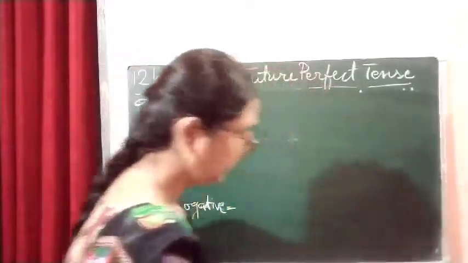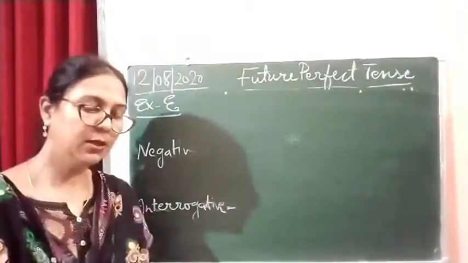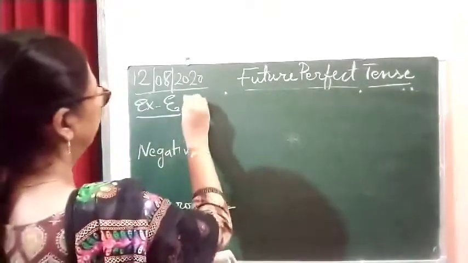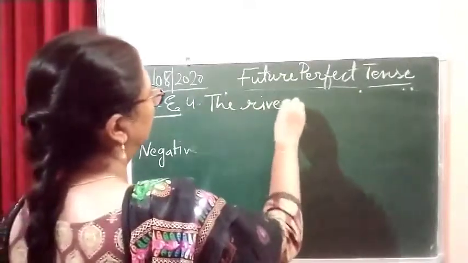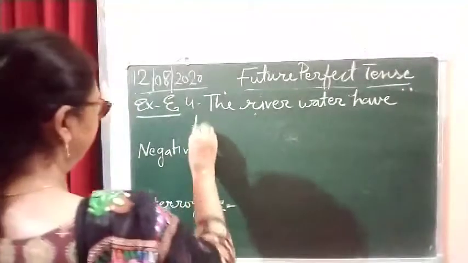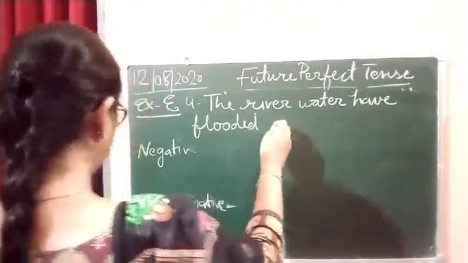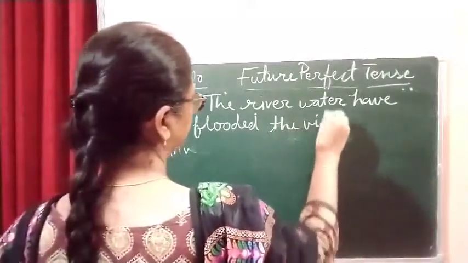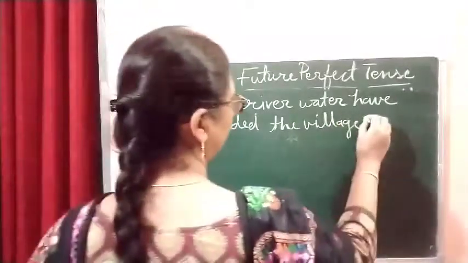Now the third number: The river water will have flooded the village by evening. The river water have flooded the village by evening.